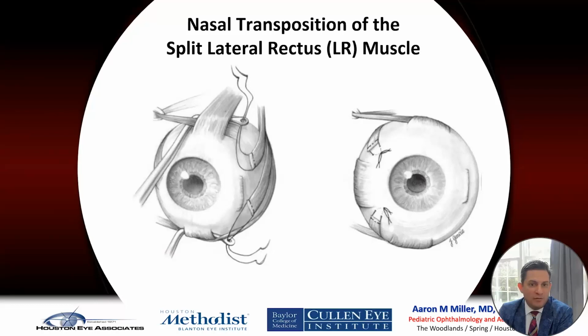As you can see in this picture, you take the lateral rectus, which is split, and then you suture each half individually with, let's say, a Vicryl suture, and then you pass the superior half across the superior aspect and the inferior half on the inferior aspect to the medial rectus, to then suture them down near the medial rectus insertion to help with adduction of the globe.